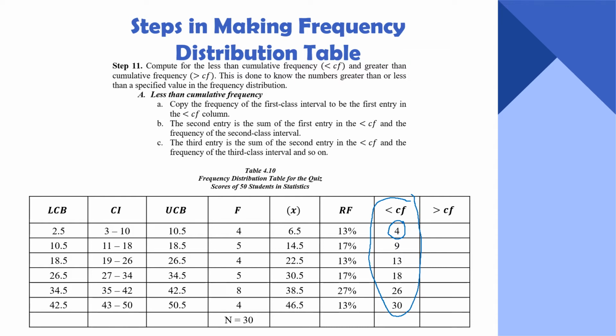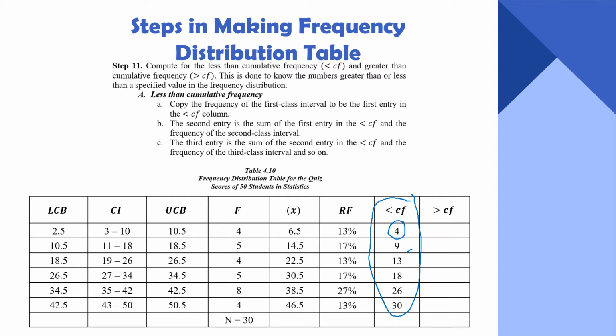Okay, so that's 4. And then to get the second entry, we have to add the first entry of the less than cumulative frequency to the second class interval frequency. Okay? So, the frequency of the second class interval is 5. So, we have to add it with the first entry, which is 4, to get the second entry. So, that's 9.